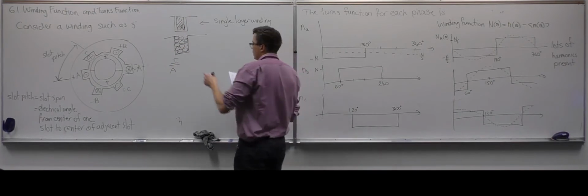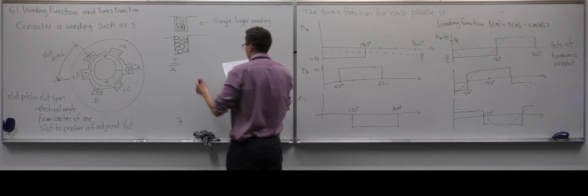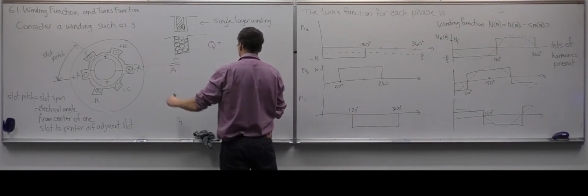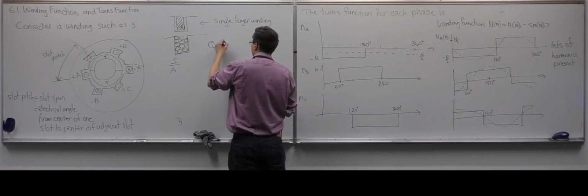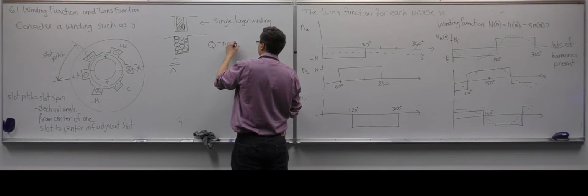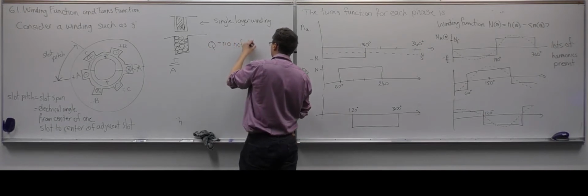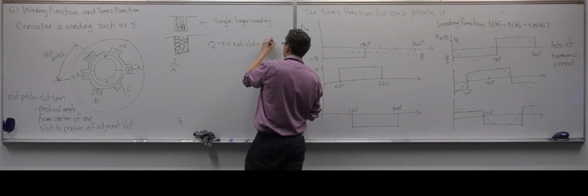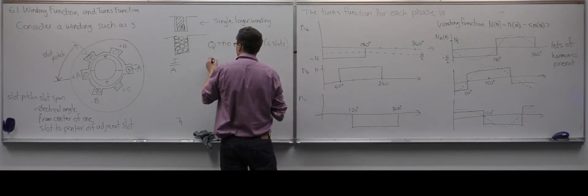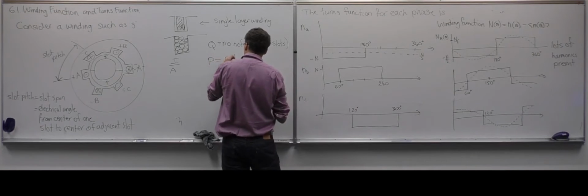So in this example here, the number of slots is 6. If I define the number of slots as Q, then that's 6. And in this example, we had two poles.